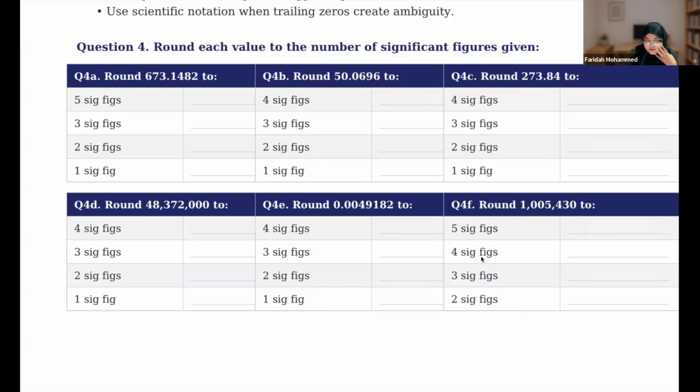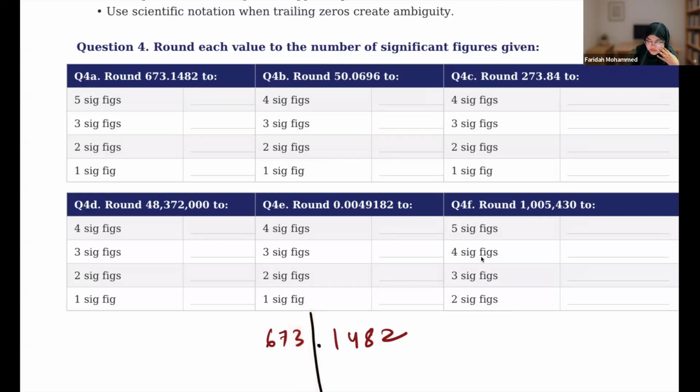Okay, Diksha, for 3 sig figs, right? Look at this. So you have 673.1482, right? 3 sig figs, stop here. That means your number has to stop here.